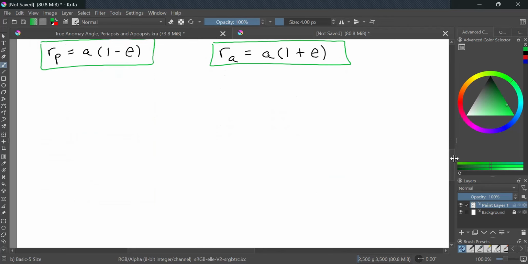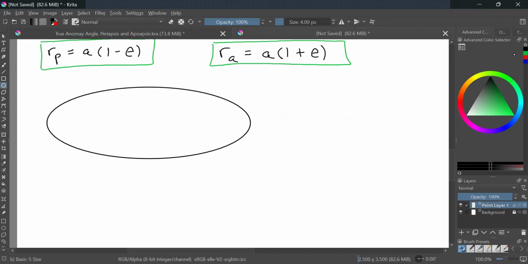What I will do, though, there is one last property that I want to highlight for you guys. So if I remake an ellipse here, then I put my host body at one of the foci, and I mark the other focus. The fun thing about ellipses is that they are symmetric. So one focus looks exactly like the other.